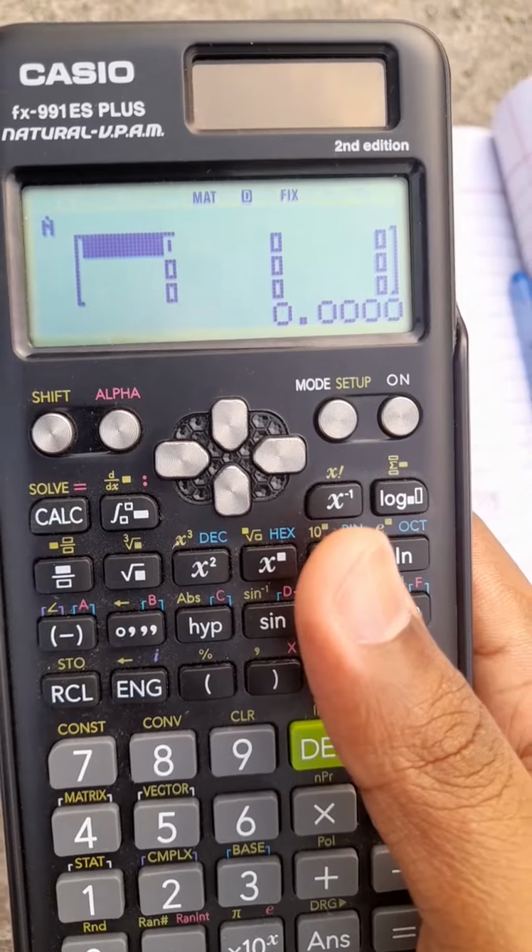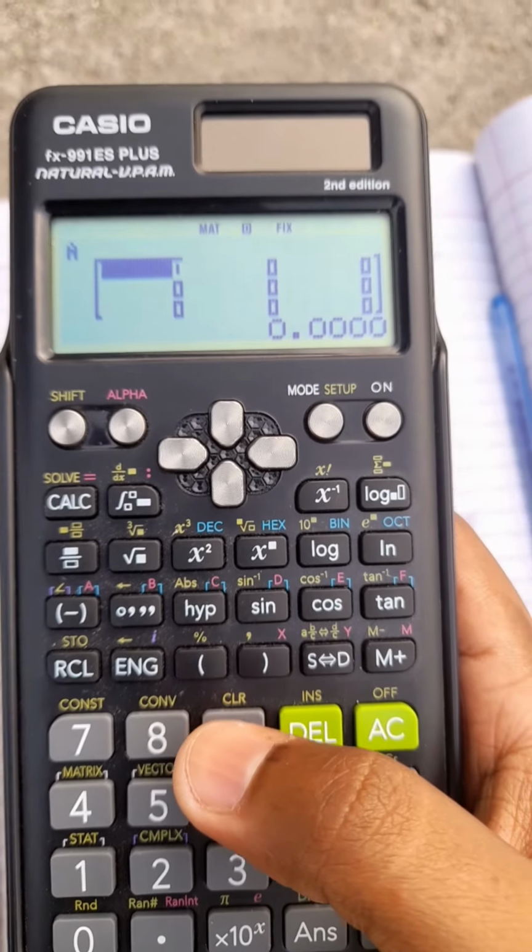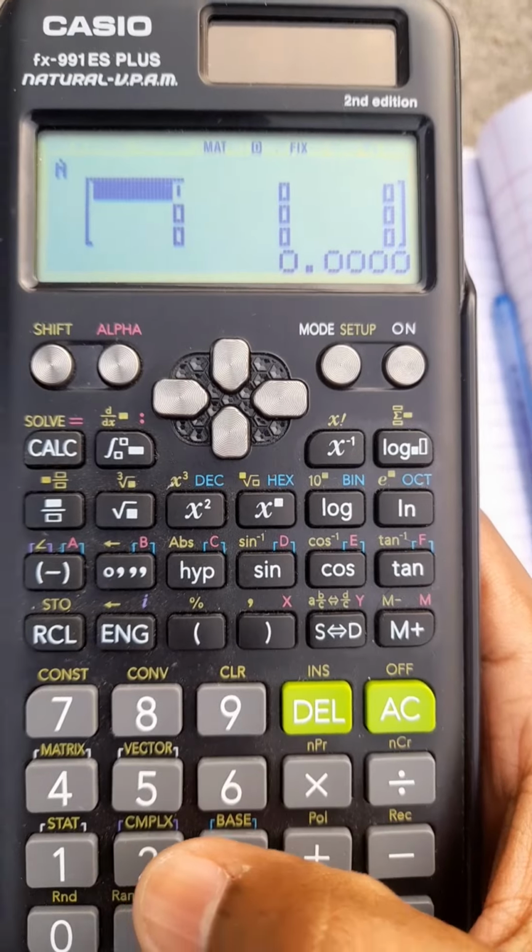Here the display shows the empty matrix. Here we have to fill our entries, that is elements.